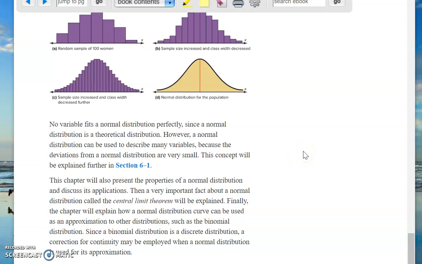For example, the so-called binomial distribution. The binomial distribution is difficult to calculate, as you know. I mean, it's a real pain in the neck, right? We can use the normal distribution to approximate the binomial distribution. And many times the approximation is good enough for the purposes that we intend to use it for. And it saves us an awful lot of difficulties.